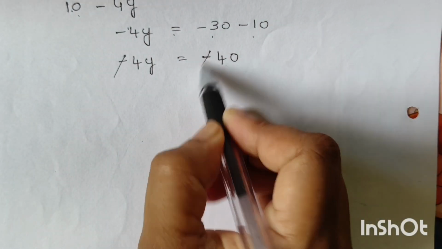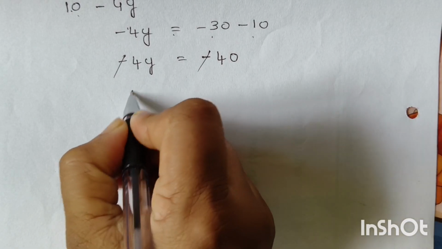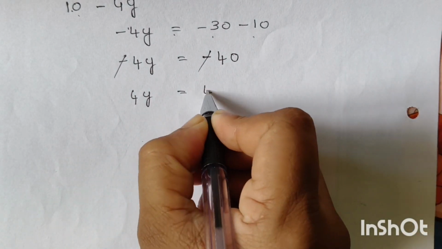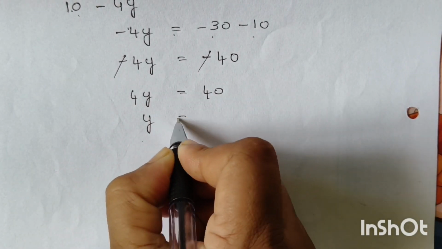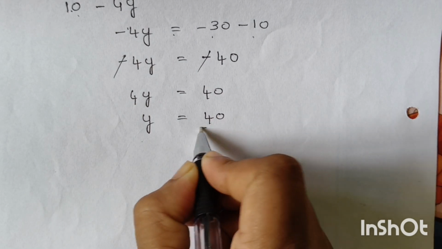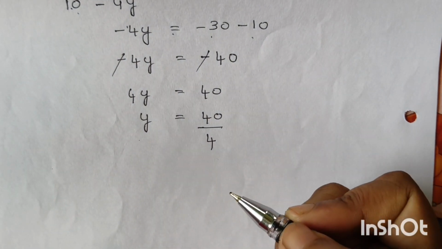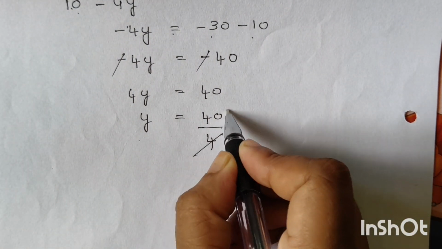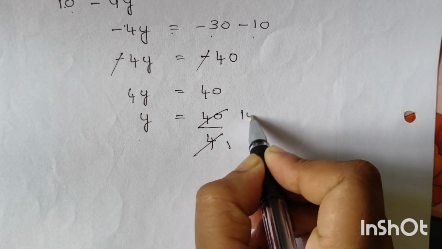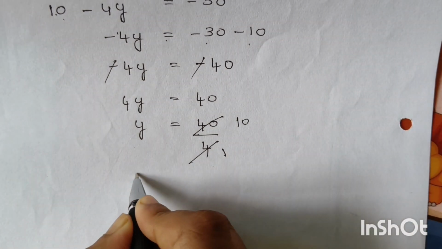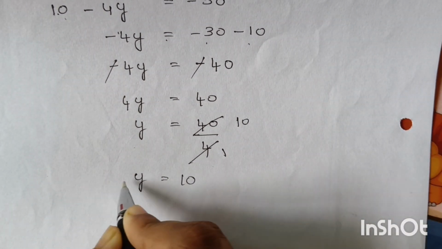Minus minus it will get cancelled. 4y is equal to 40. Y is equal to 40 divided by 4. 4 ones are 4, 10s are 40. Therefore, y is equal to 10.